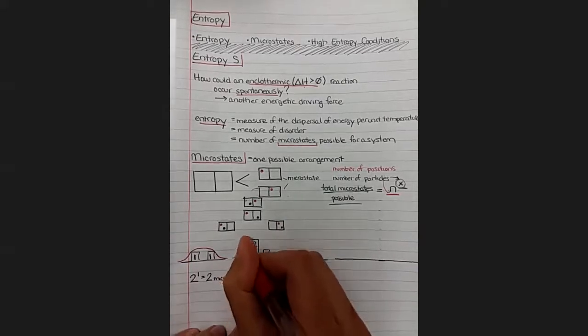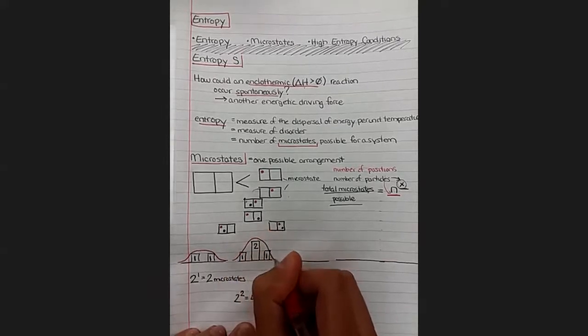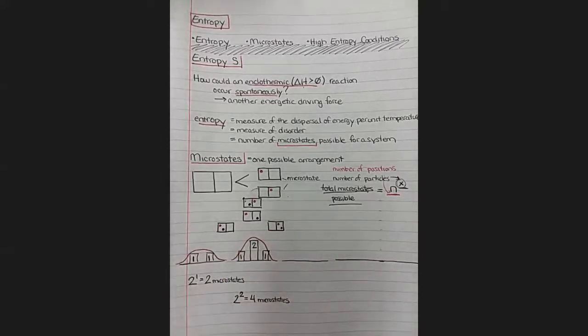And if we draw a distribution for that setup, you can see it looks a little bit more like a parabola. We're feeling better about that. And if we add up the total number of pictures we drew, 1, 2, 3, 4, that equals our total number of microstates. And we can already start to see that the bar in the center, the one where the particles are more evenly distributed, is starting to become the tallest bar.